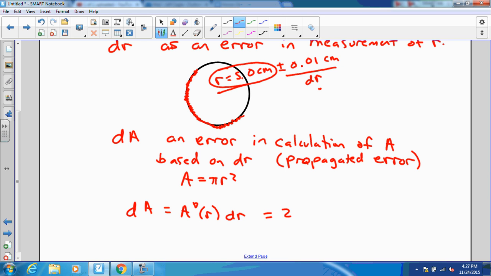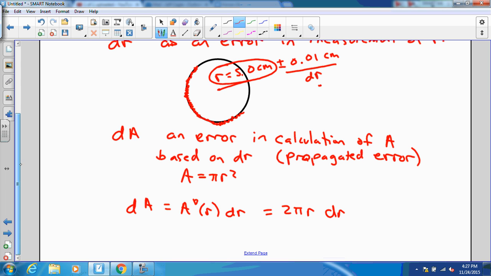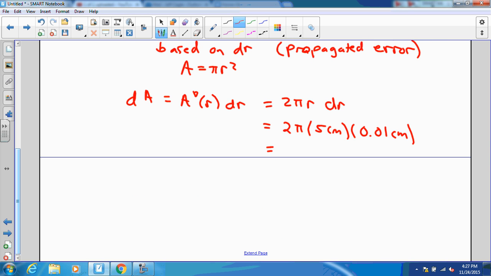So, how much? Well, actually, it's easy to compute, because once again, dA is equal to A prime times dr. And so in our particular case, I can immediately compute that the propagated error in my calculation is going to be 2 pi times the radius that I have, 5 centimeters, times the uncertainty in my radius, which is 0.01 centimeters.